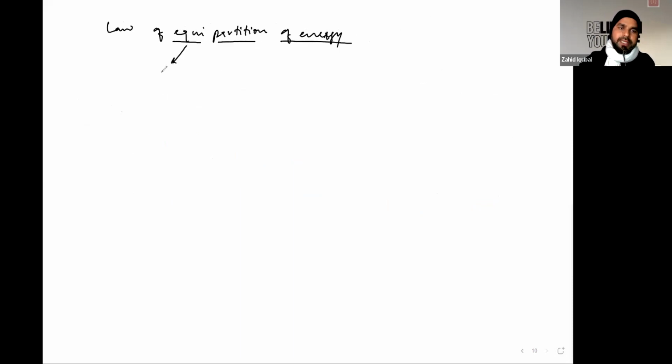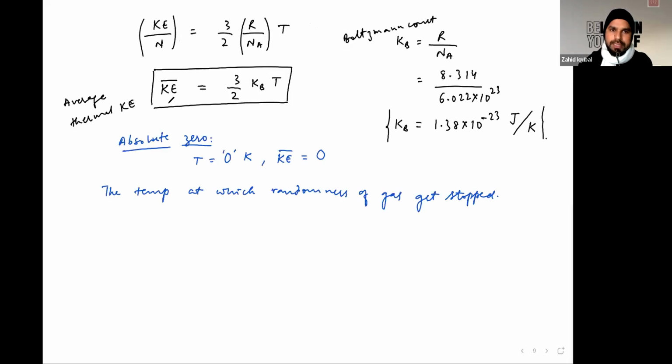Equipartition means equal distribution or equal division of what? Energy. So we can say the total energy of gas gets equally distributed along all its degrees of freedom. Like for monoatomic, the total energy contained is 3/2 kBT.